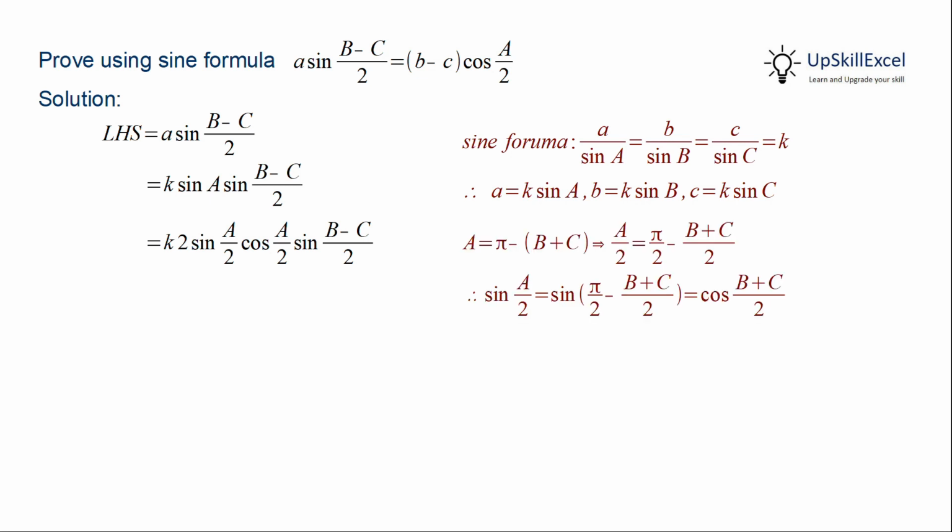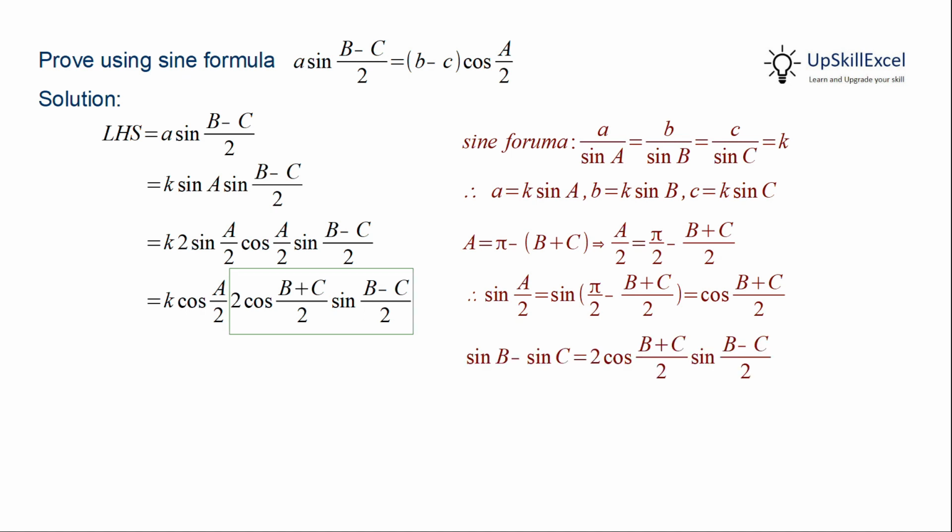So from there we get that sine a by 2 is equal to cos of (b plus c) by 2. Now let's focus on the last three terms, which is 2 cos (b plus c) by 2 sine (b minus c) by 2, and we can replace it using sine difference formula, that is sine b minus sine c. Again from the sine formula we can replace k sine b and k sine c by b and c respectively, giving us (b minus c) cos of a by 2.